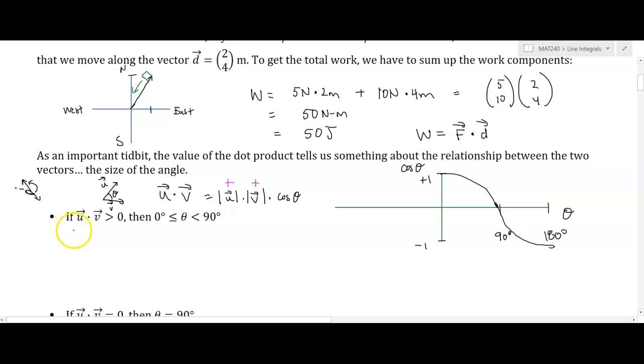So that means that if theta is between 0 and 90 degrees, we see that cosine of theta is always positive. So all 3 of these terms on the right-hand side will be positive, and therefore the dot product will also be positive.